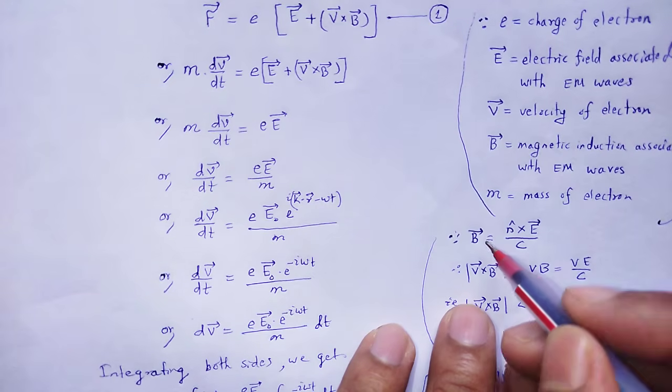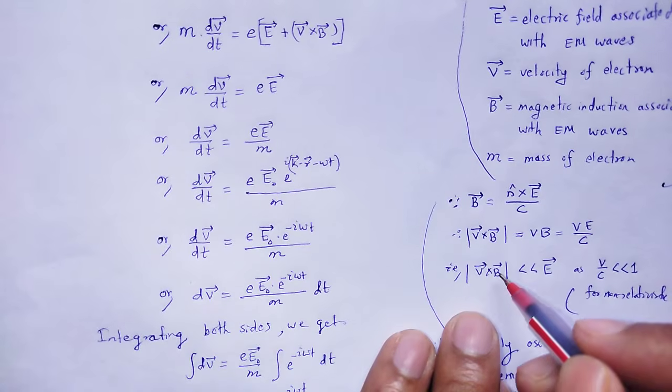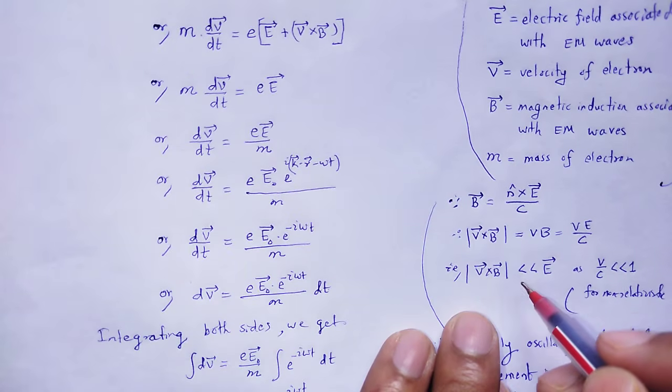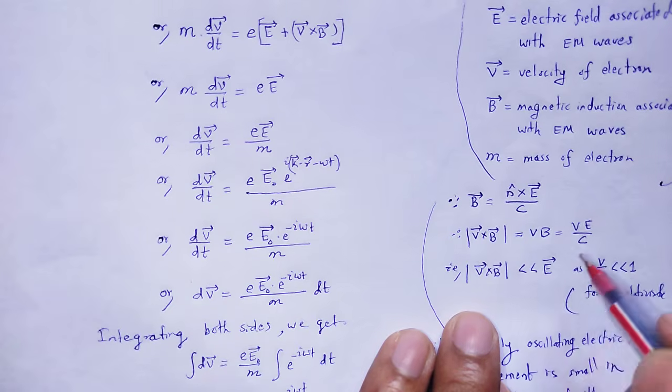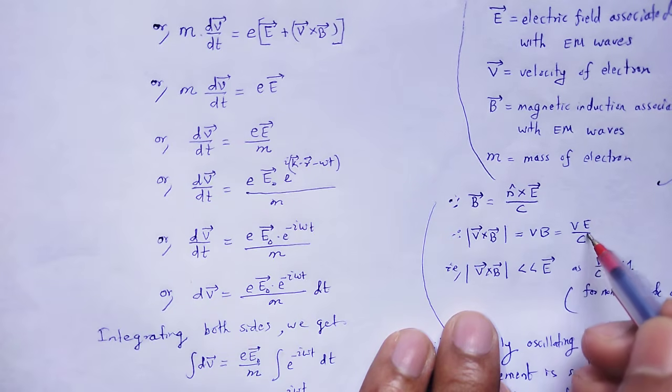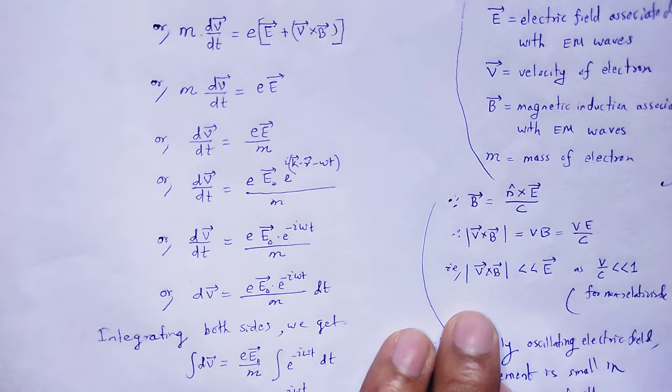In place of B we substitute E by c. Look here, that magnitude is very less than that of E vector. Why? Since v by c, that quantity is very less than 1 for the non-relativistic case.